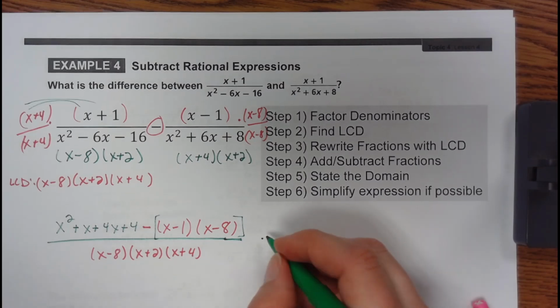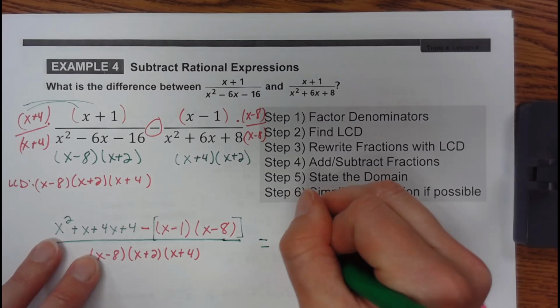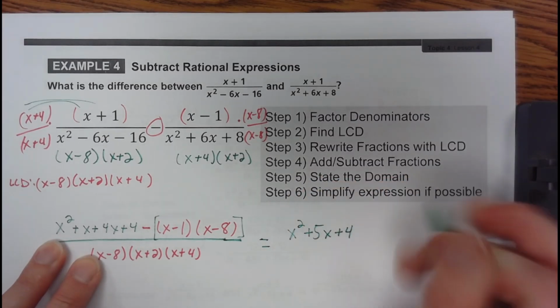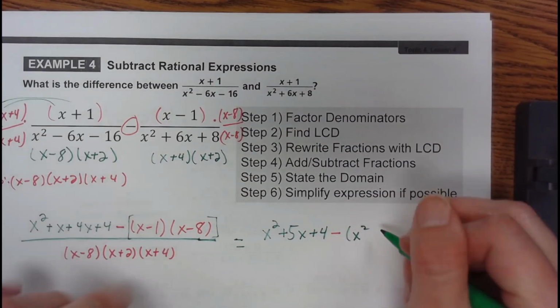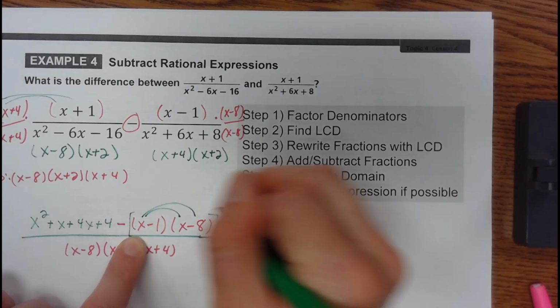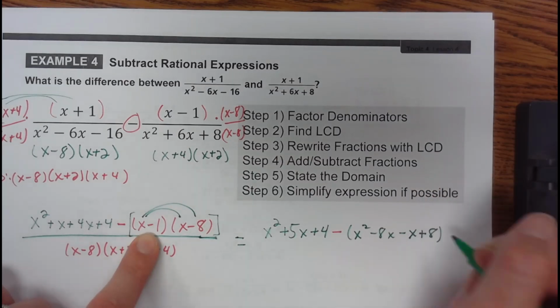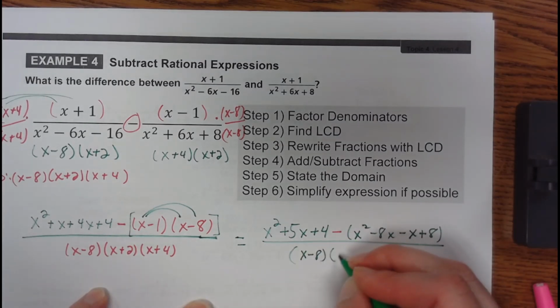Okay, so I'm going to simplify this side, and I'm going to go minus, and I'm going to go parentheses x squared minus 8x minus x plus 8 all over my denominator.